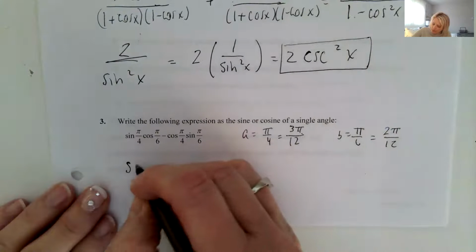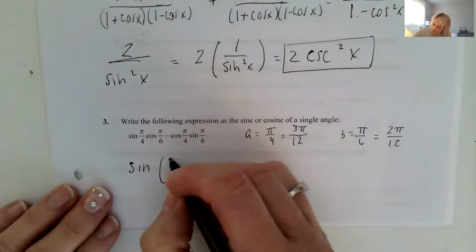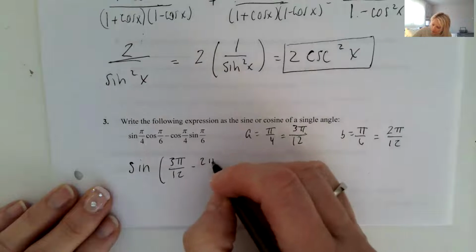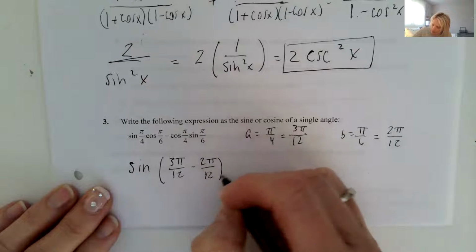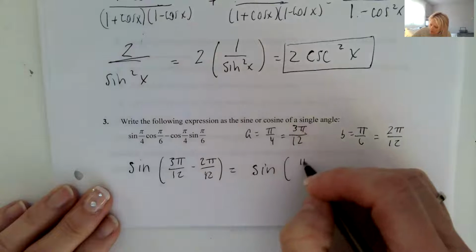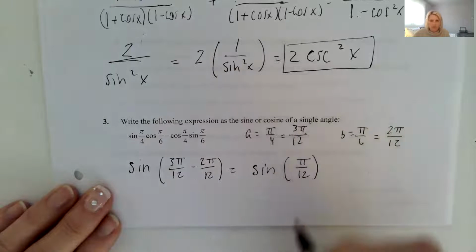So it would be the sine of 3 pi over 12 minus 2 pi over 12. So we really would have been looking at the sine of just pi over 12.